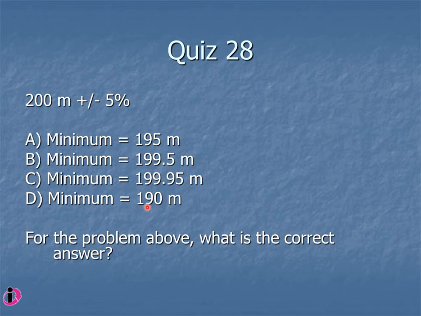If we do this, it becomes 200 meter minus 10 meter, which is 190 meters, right? So that is your minimum range. That's how we get the right answer.